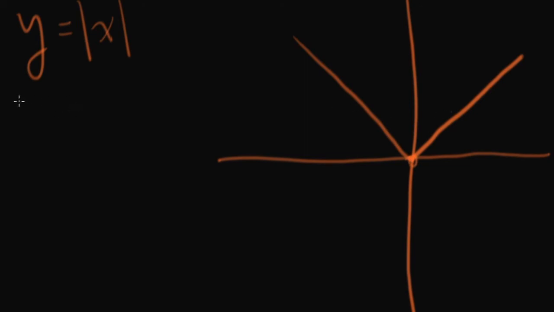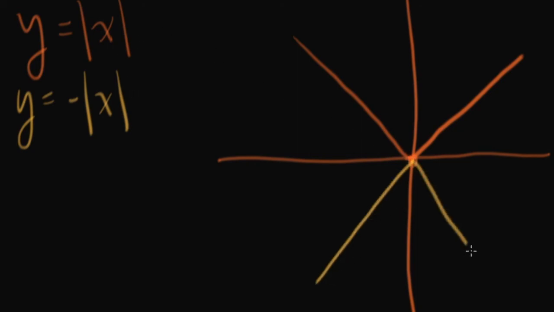Easy. What happens if I make it negative absolute value of x? And actually, you know what? Let's make this color-coded. So what happens if I make it y equals the negative absolute value of x? Then it's going to go down, but still be a regular V. Okay. What happens if I add maybe a number in front of there?